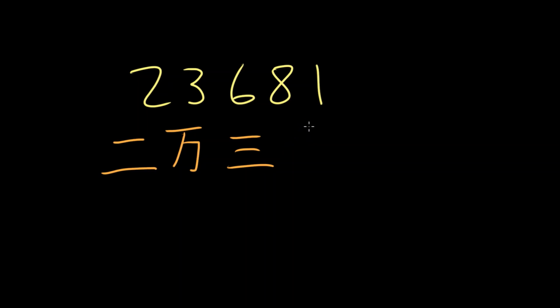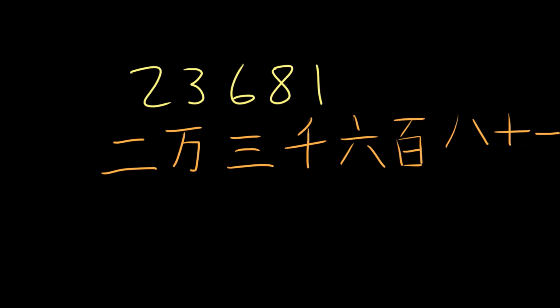Why do I keep writing sen like that? San zen. Ni man san zen ro pyaku. Remember roppyaku. Roppyaku hachi ju ichi. So 23,681. And there we go.